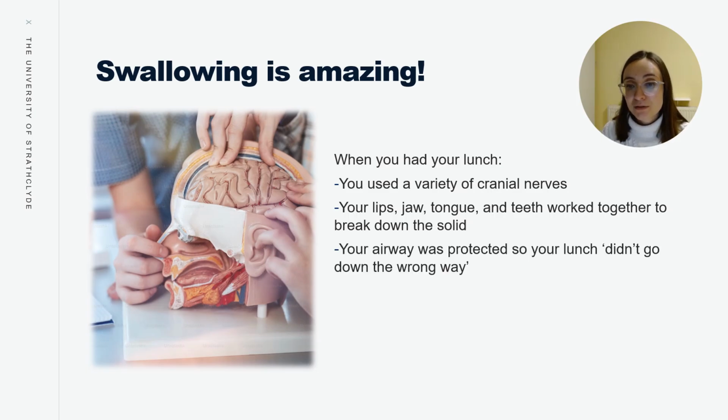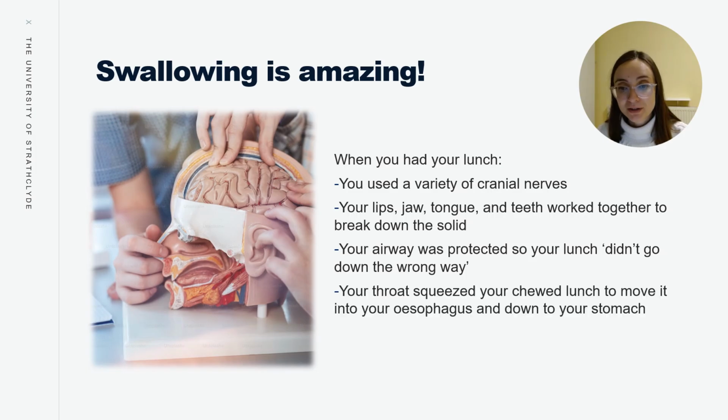Your airway was also protected so that your lunch doesn't go the wrong way, and this is also done thanks to the work of the cranial nerves. Finally, your throat will have squeezed the food that you chewed down through your food pipe and into your stomach. You see how amazing and how complicated this process actually is.